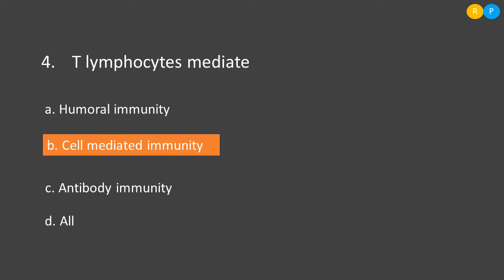Now the fourth question: T lymphocytes mediate. T lymphocytes are a kind of lymphocytic cell. Clear. Lymphocytes are actually produced in the bone marrow. Soon after they are produced in the bone marrow, they migrate to the thymus. Not all, only some of the lymphocytic cells migrate to the thymus and mature there.